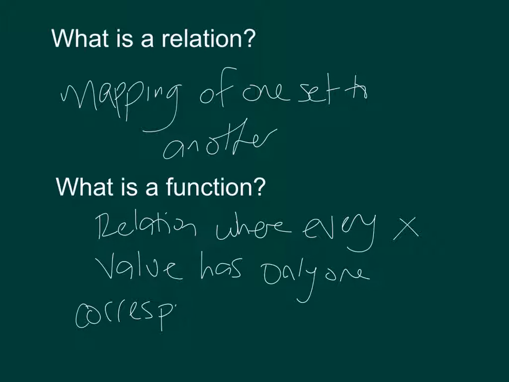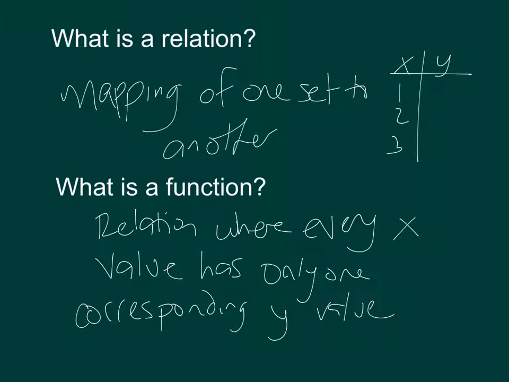So what this means is if I were to take a set of values, if we call them x and y, 1, 2, 3, a relation, I could have 1, 2, 3, 1, where this goes to 2, 4, 6, 8. In a function, I can't have the 1 and the 8 at the bottom, because for every x value, I can only map to one y value.